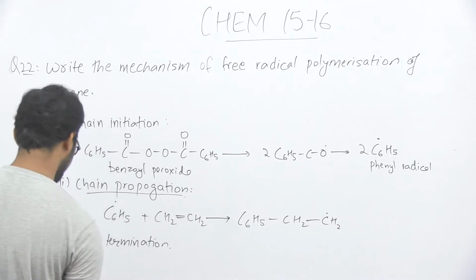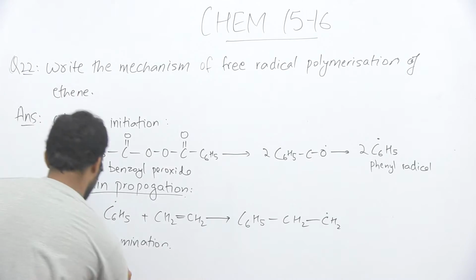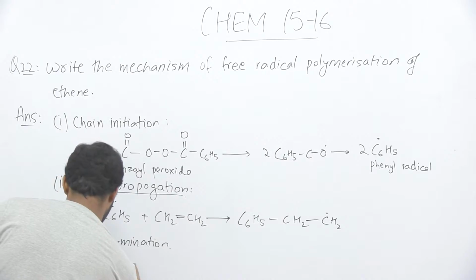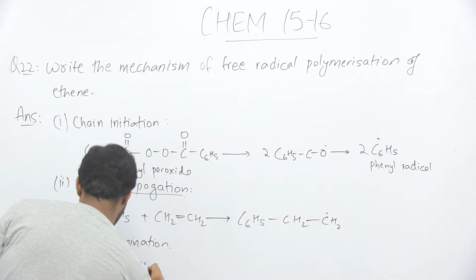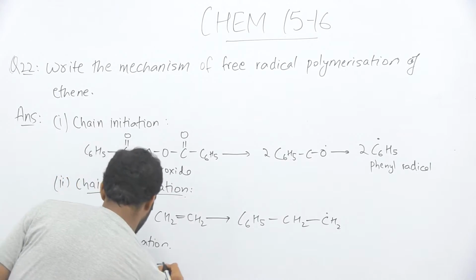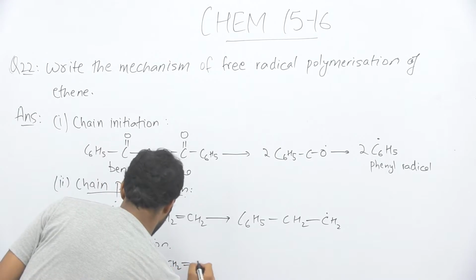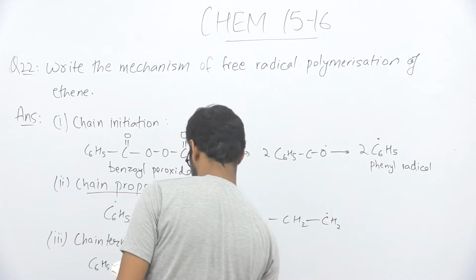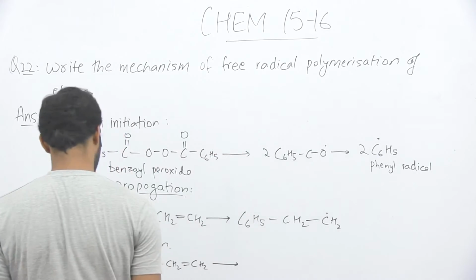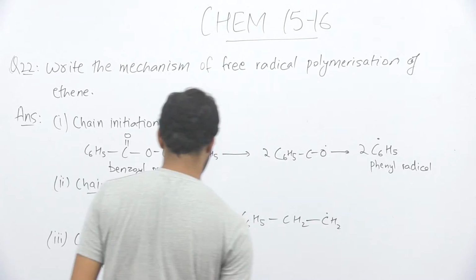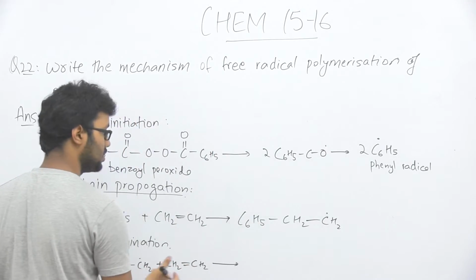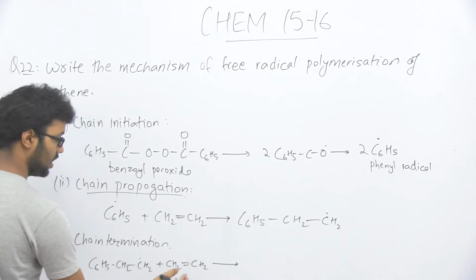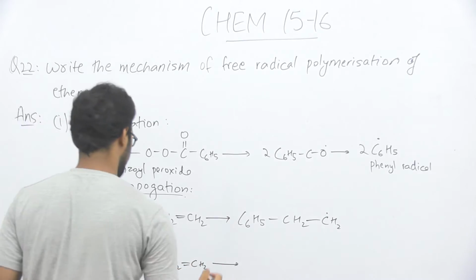Now the chain termination can occur as follows. Here it is, the chain is getting increased with each ethene it adds on.